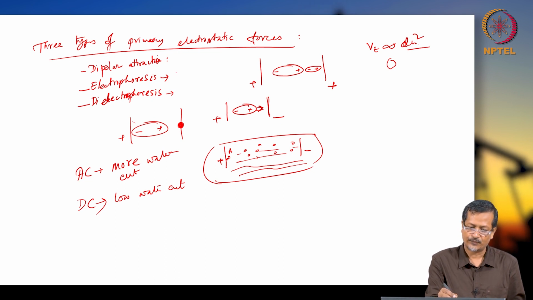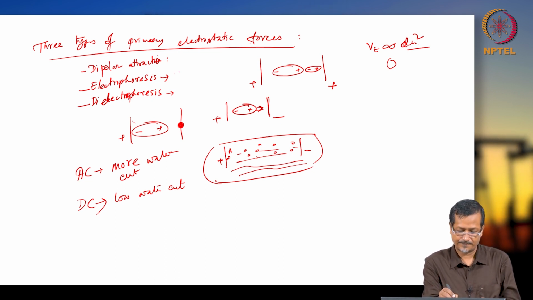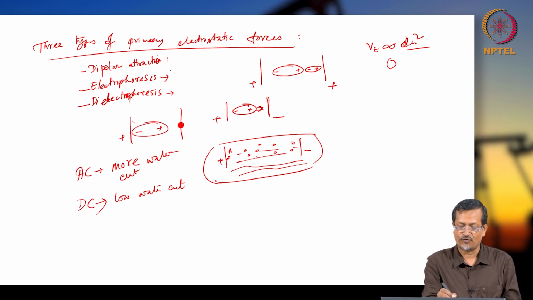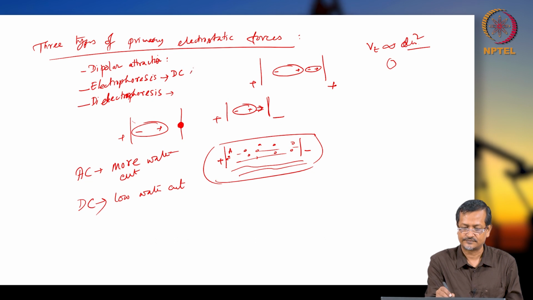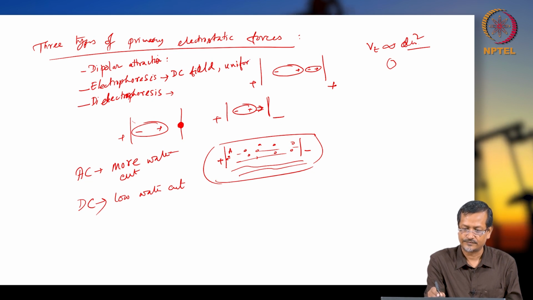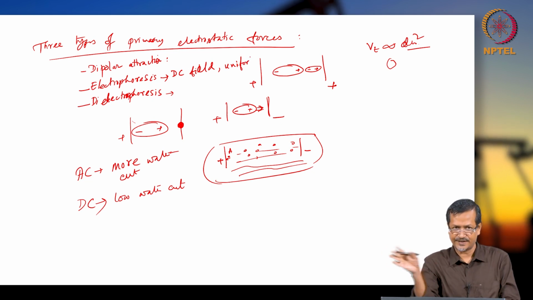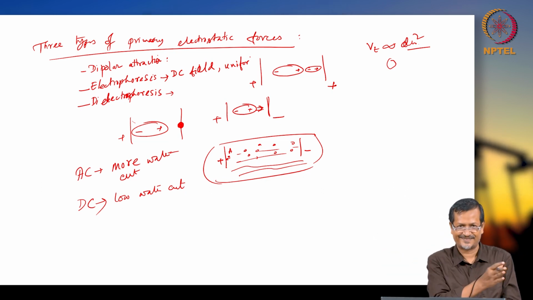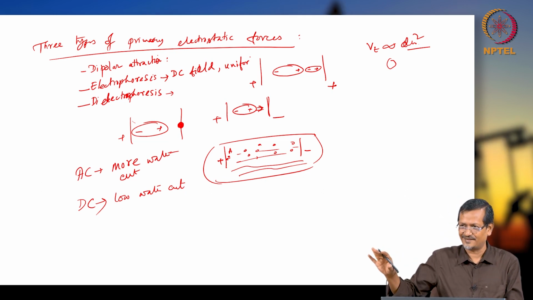Electrophoresis is actually horizontal; it moves water droplets horizontally between electrodes in a uniform DC field. You created a uniform DC field, plus and minus, and droplets move in one direction, and again they will move in the opposite direction also.